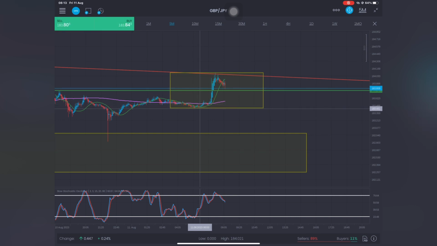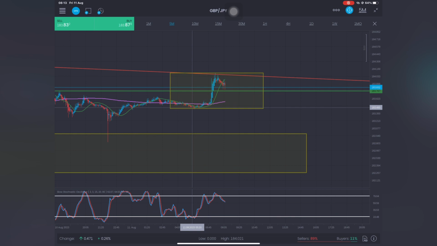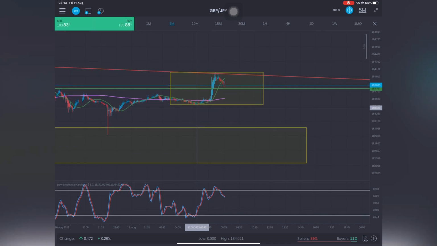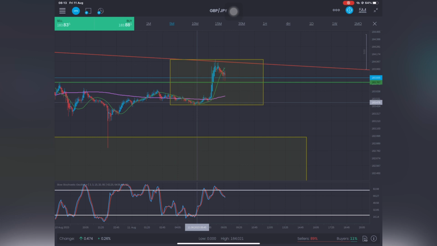So wait for the market to open either the top line, which is called the resistance line, or the bottom line, which is called the support line, and then you can place a trade, rather than placing a trade in between. If you are comfortable placing a trade in the box, if it ranges to catch small pips, that's fine as well.